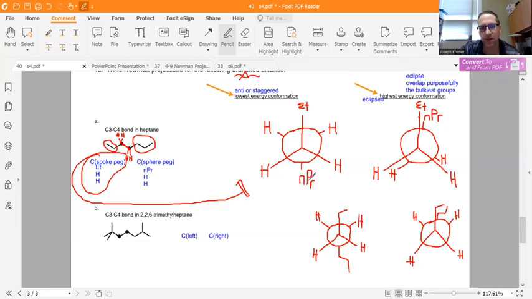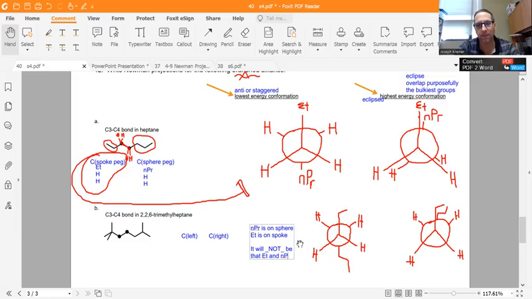And please note, as I type to summarize here, N-propyl is on the sphere and ethyl is on the spoke. So it will not be that ethyl and N-propyl are both on the spoke. You need to pay attention.